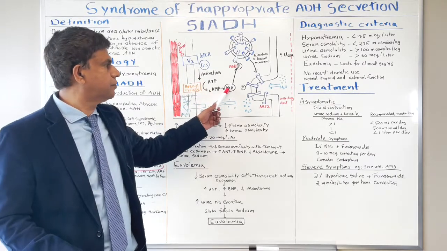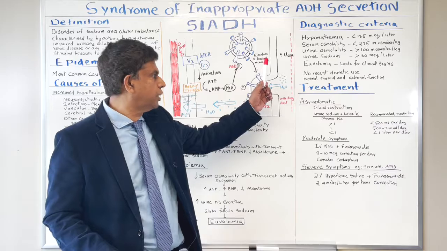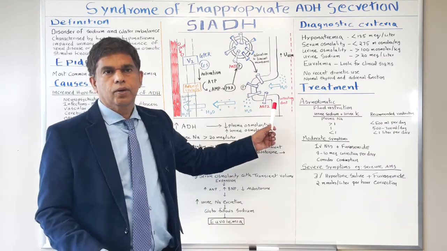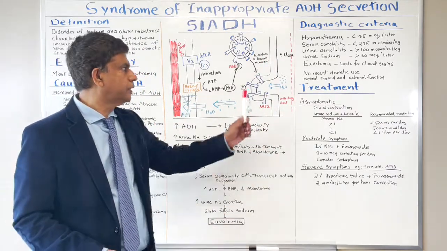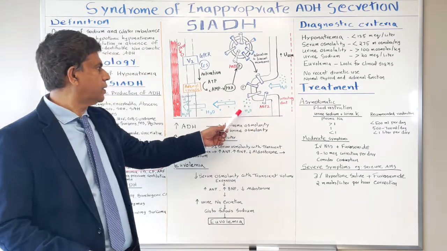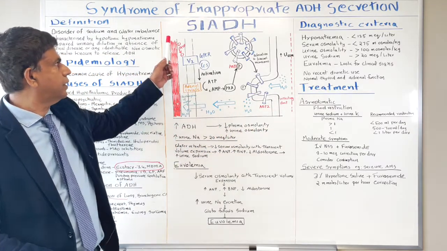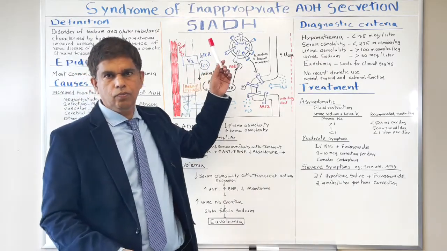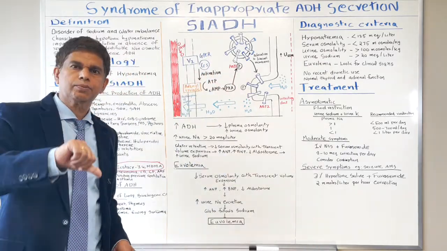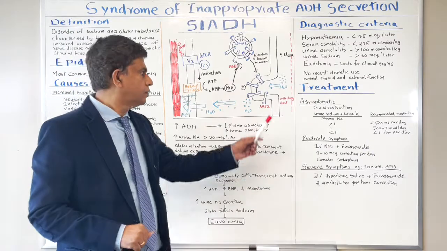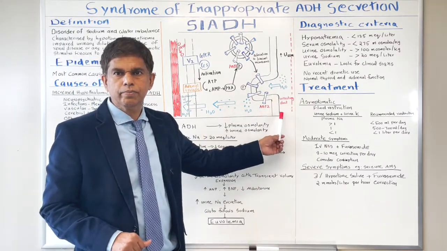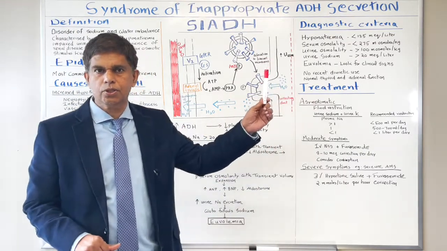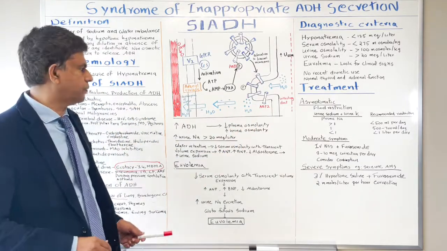Adenylyl cyclase, protein kinase A, aquaporin channel, boom. Water gets reabsorbed from the collecting duct, right? When the water gets reabsorbed, it goes to the blood, right? So when you have too much ADH, volume increases, so your plasma osmolarity goes down, right? Urine becomes concentrated, increasing urine osmolarity. Everybody knows that's the most common finding, right?